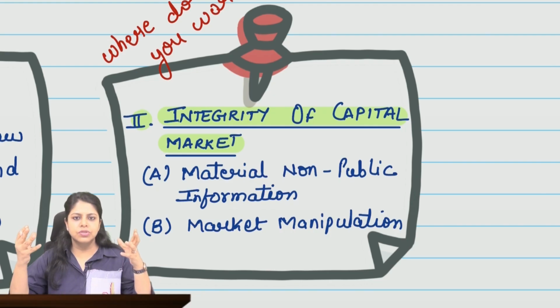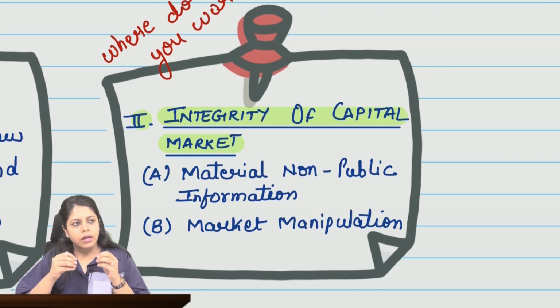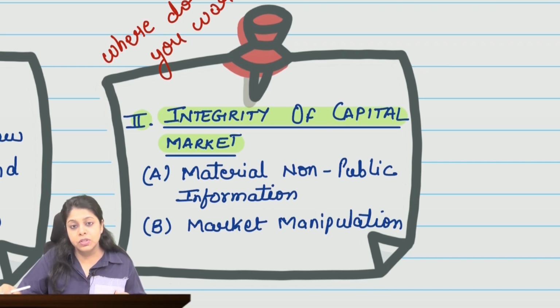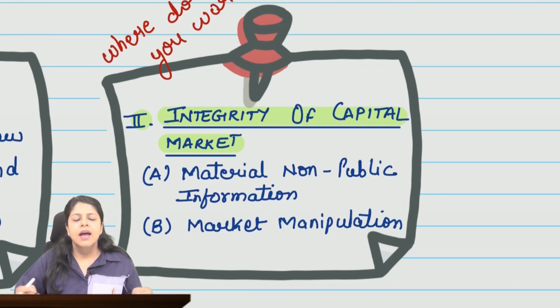And once the price has risen, you dump the stock completely. And when you dump the stock completely, obviously the prices fall. This technique is known as pump and dump, where any news or any action of yours has increased the price of a stock in the market artificially, and then after the price has been increased, you sell all the stocks, make the profit and get out of it, while the others suffer huge losses.